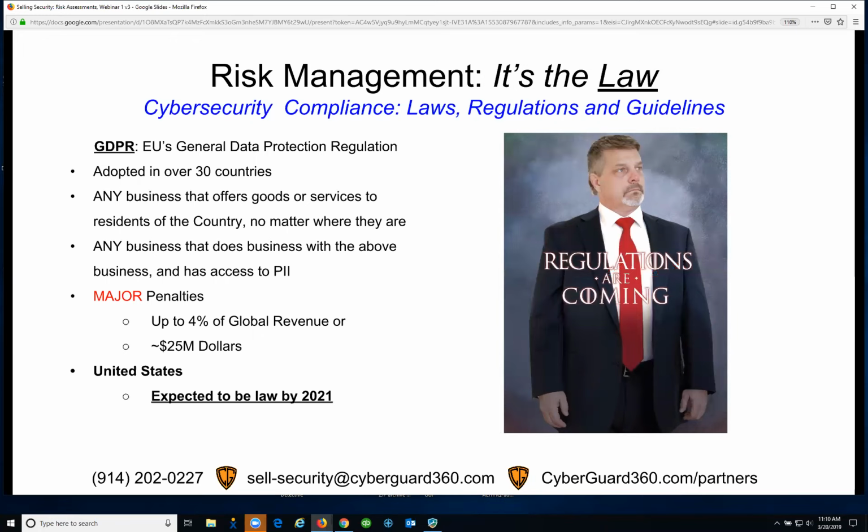GDPR, if you haven't heard of that, is the General Data Protection Regulation that was enacted in Europe, and it is on its way here. It's now in place in over 30 countries in some form or fashion. And so GDPR as a regulation puts the onus on every single business.